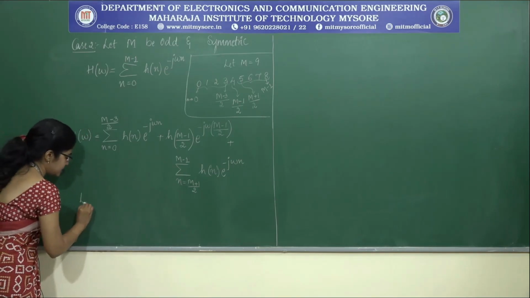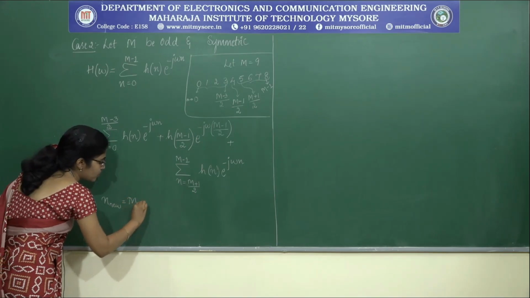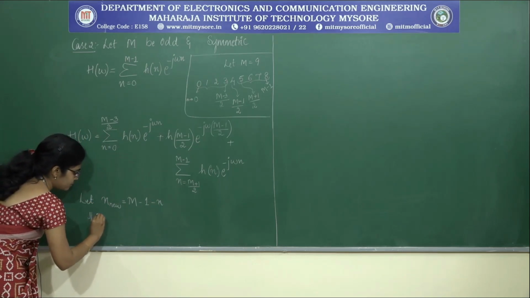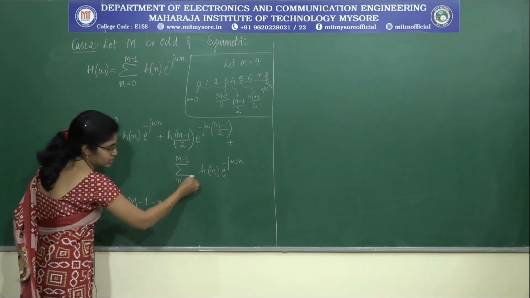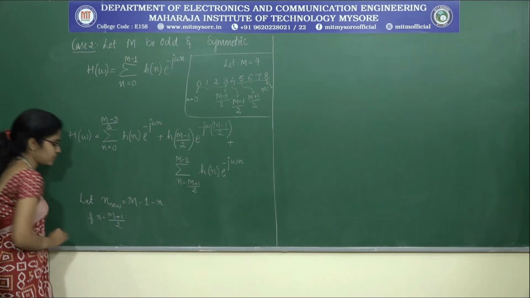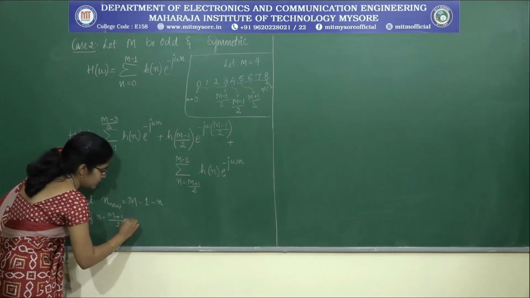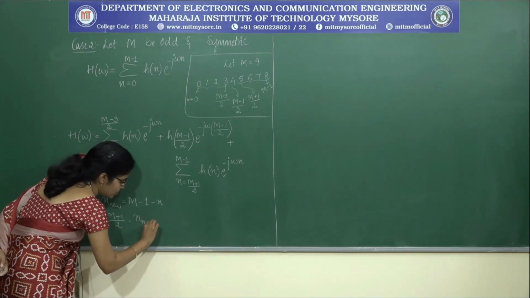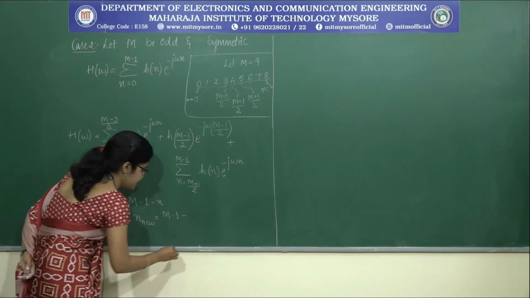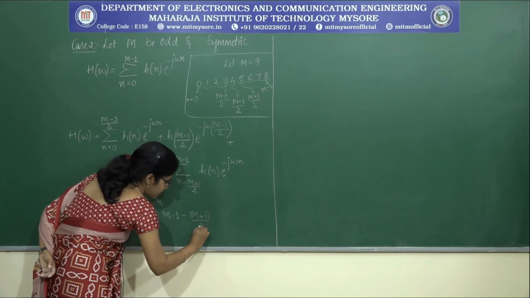So, let the new value of n be equal to m minus 1 minus n. If the value of n is m plus 1 by 2, what will be the new value? That is, n new will be equal to m minus 1 minus m plus 1 by 2.